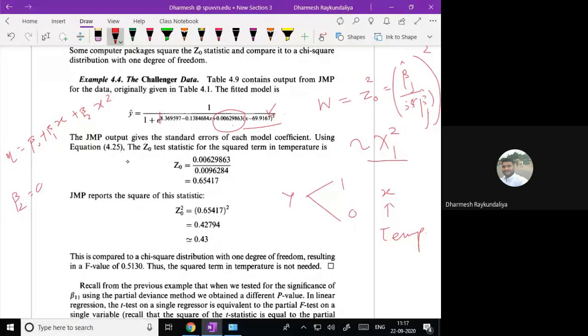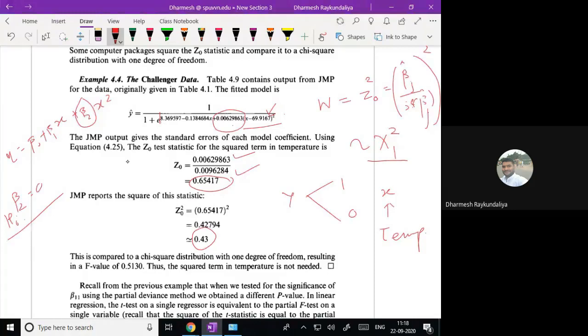They have just subtracted x by 69 for all the cases. Now we wish to see whether x2 has an impact or not. So I will perform the H naught: beta 2 equal to 0, and the corresponding estimate is this, standard error is this, so z0 is this, and when you take the square it is 0.43.